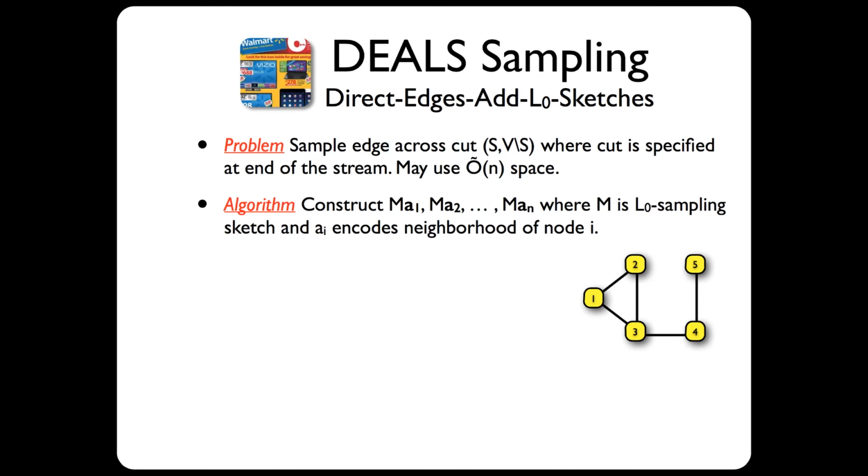Rather than formally define it, let me show you an example. If this is your massive graph, a1 is encoding the neighborhood of node 1. The way it does this is the vector has n choose 2 entries, so it's indexed by all node pairs. The non-zero entries of this vector correspond to edges.